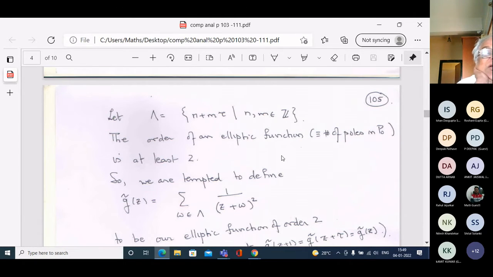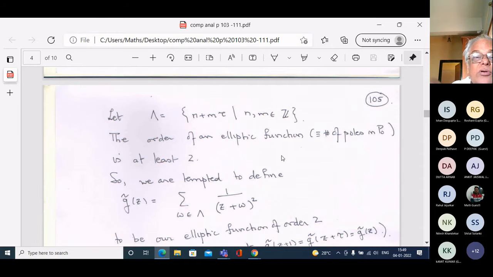So I want to do the same thing with two independent periods, n plus m tau. So I look at this set, n plus m tau, when n and m are integers, and this is the lattice that is associated to this tau. And the order of the elliptic function, the number of poles in P0, is at least 2.